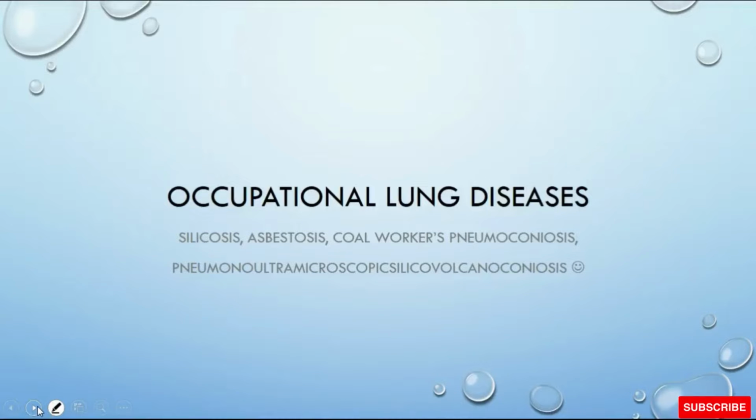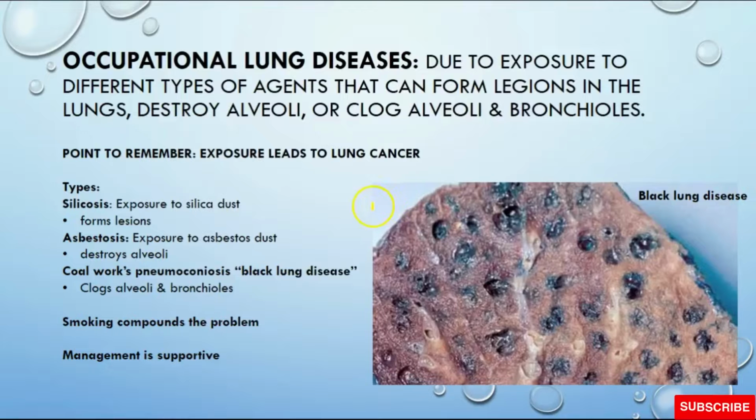These last couple slides are more of an FYI, but obviously the type of work that a patient does can lead them to having occupational lung disease, and these are those who are exposed to different types of agents that actually get into the lungs and form lesions, destroy the alveoli, or clog the alveoli and the bronchioles.